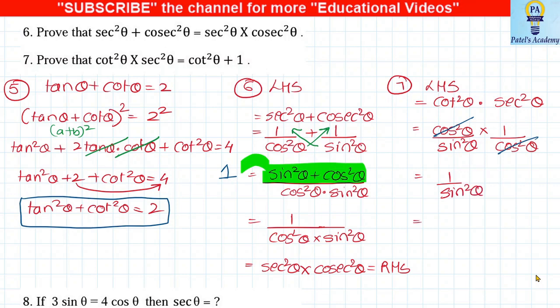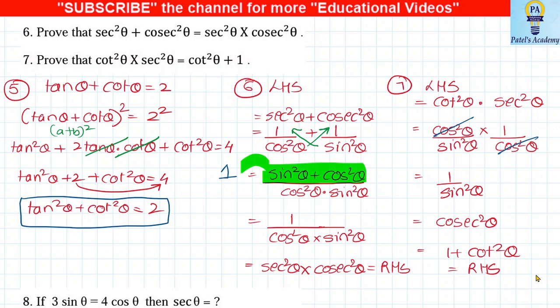We know that 1 upon sin square is nothing but cosec square theta, and using the identity, cosec square theta equals 1 plus cot square theta, that is equal to RHS. That is what we got. LHS equals RHS.